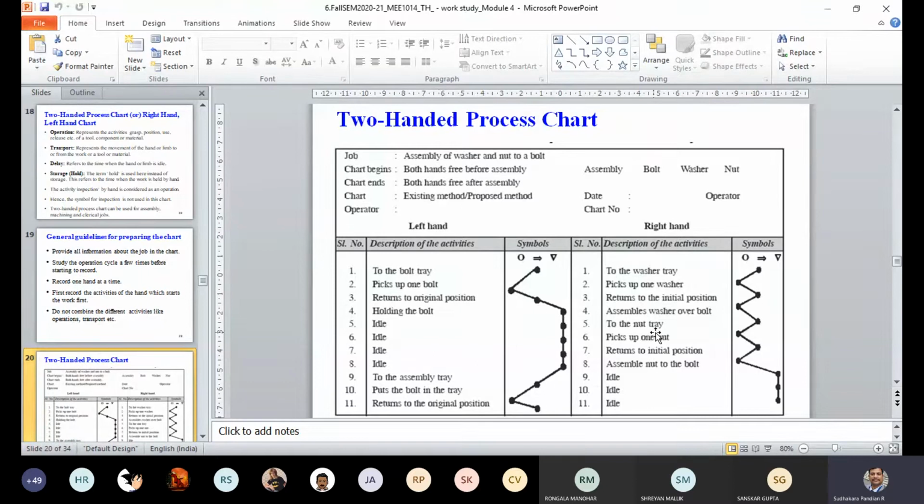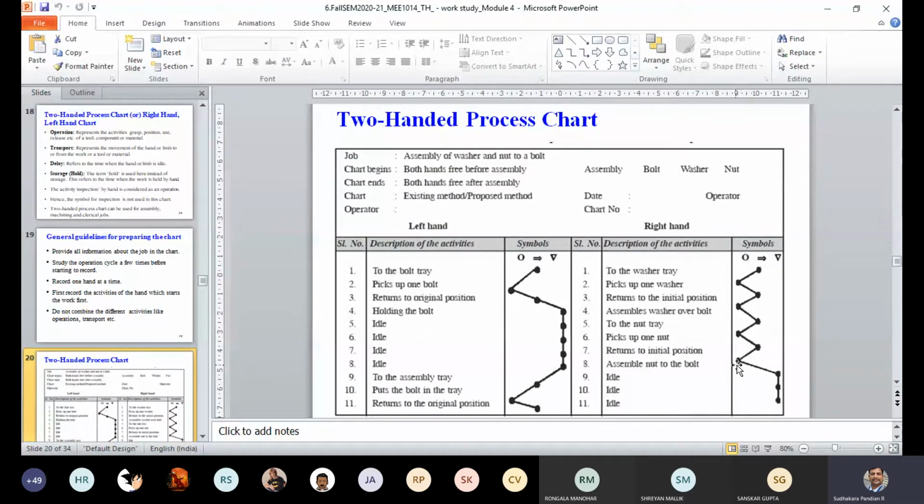Then to the nut tray, again transportation. Then picks up one nut, an operation. Then returns to initial position, again transport. Assemble nut: first you put the washer on the bolt, then you go to the nut tray, pick up one nut, then assemble the nut above the washer. So you have finished the assembly.